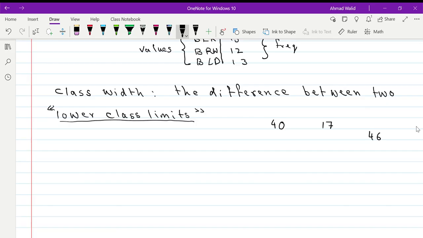Correct? Now, I want to find the class width based on these two numbers, which one of them is the largest number in my class and the other one is the smallest, correct? I want to find what my class width is.